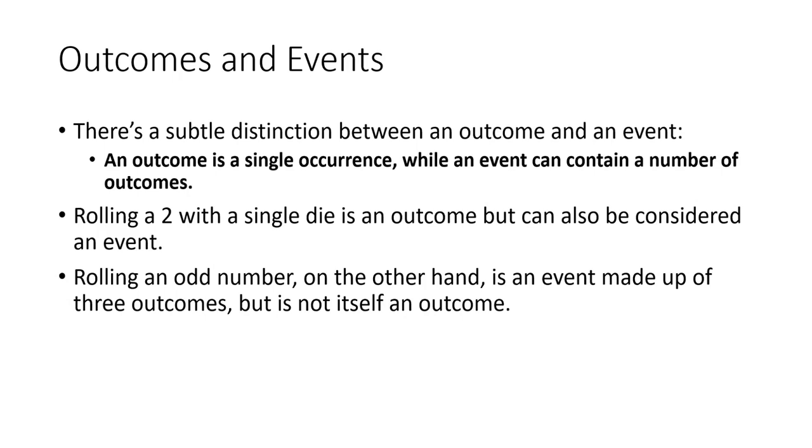For example, rolling a 2 on a single die is an outcome, because it's one single occurrence, but it can also be considered an event. Rolling an odd number, on the other hand, is an event that's made up of 3 different outcomes, 1, 3, and 5. So it is not an outcome because it's made up of more than one outcome from the experiment.